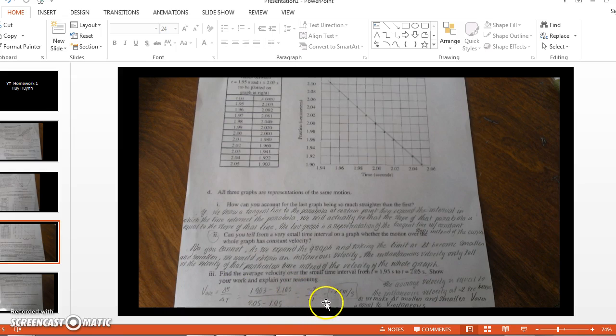I got that V average turned out to be -2 centimeters per second, and the average velocity is equal to the instantaneous velocity at 2 seconds. Because as we make delta t smaller and smaller, which is taking the limit as delta t goes to 0, we get that V average is equal to V instantaneous.